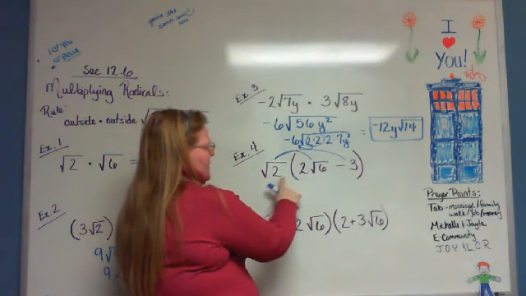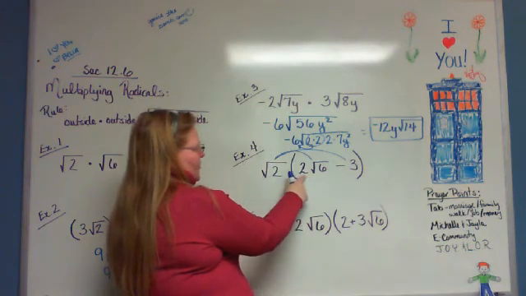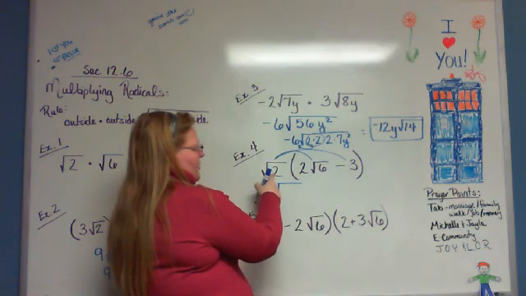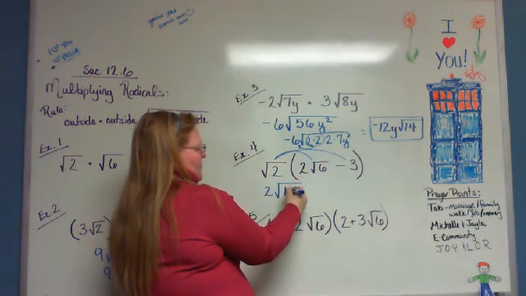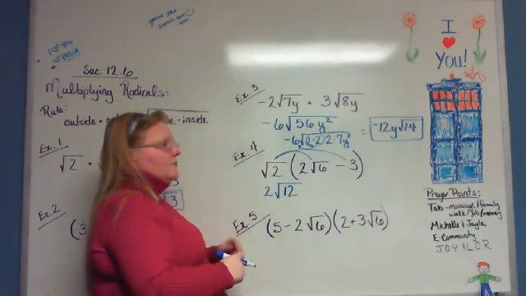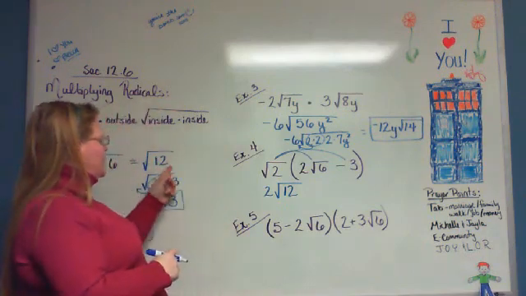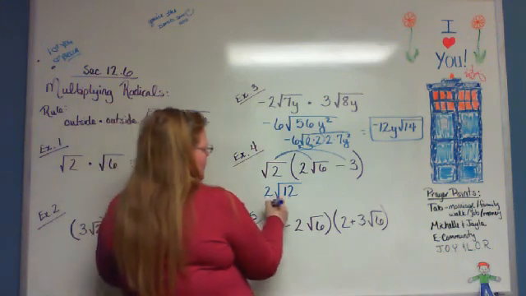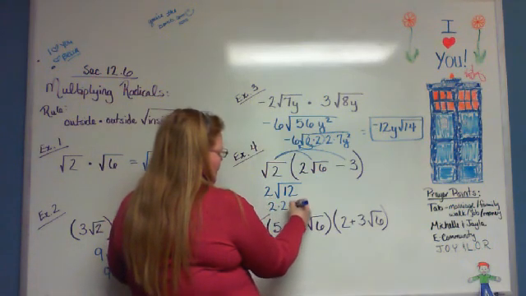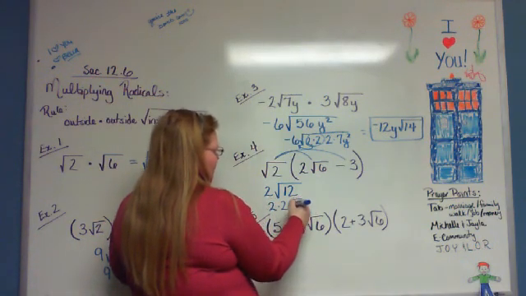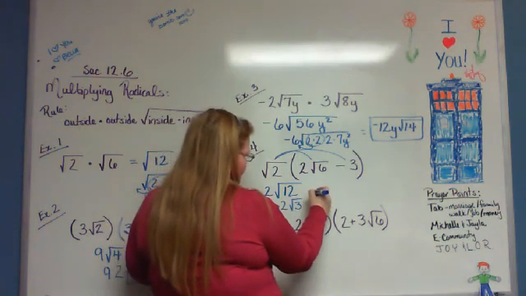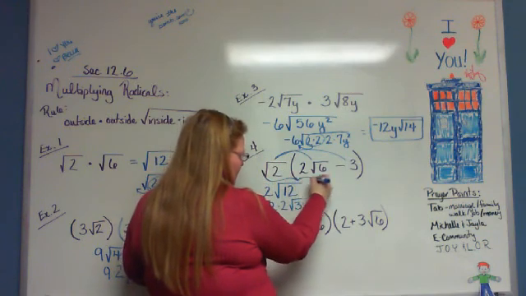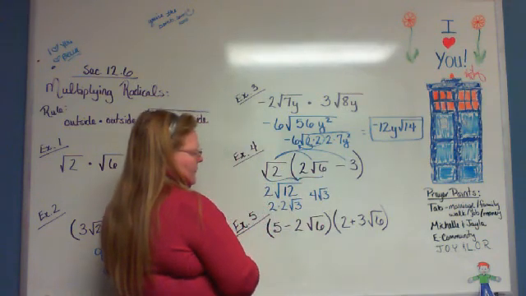Well, when I'm doing just these two, 1 times 2 is 2, square root, and then 2 times 6 is 12. But we learned the square root of 12 is 2 square roots of 3. So that's going to give me 2 times the square root of 3, which is 4 square roots of 3. For just that right there.